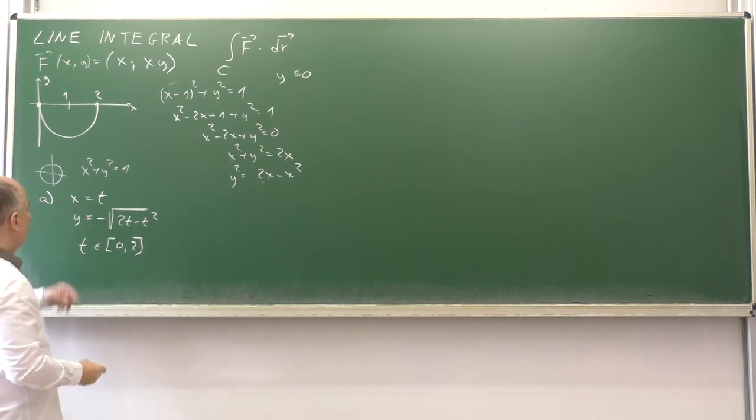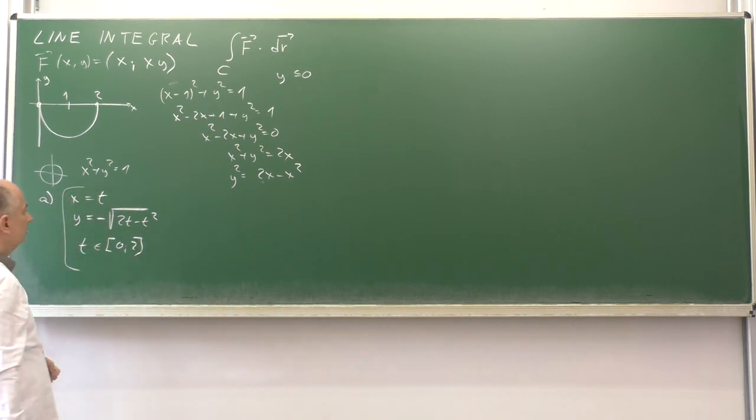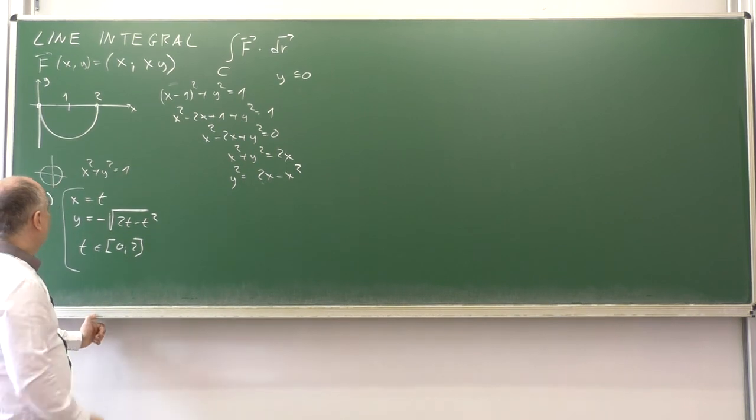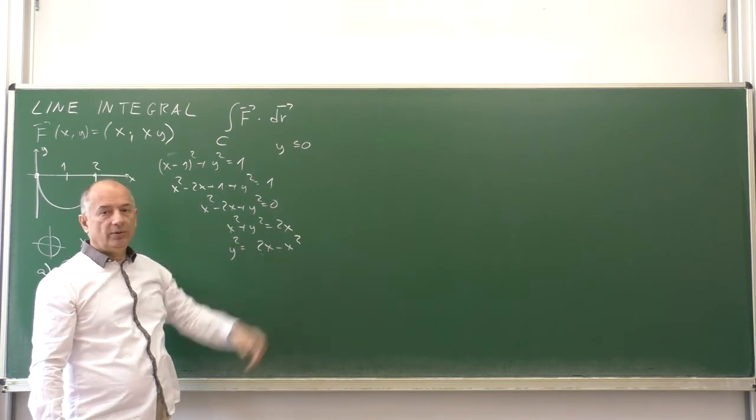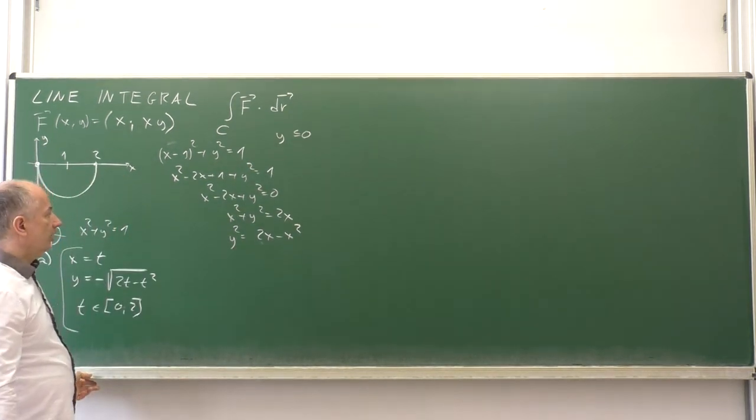So this will be the first possible parametrization of this curve. We write minus because we want the bottom half, because we have the condition y is less than or equal to 0.